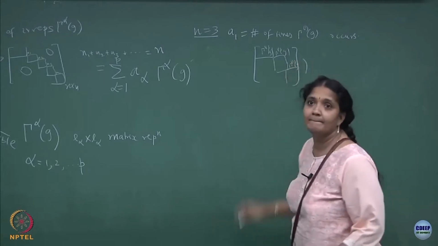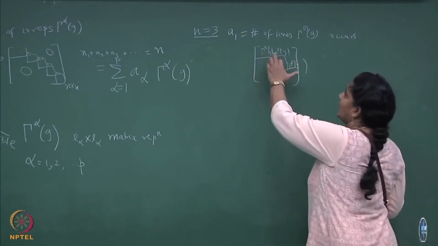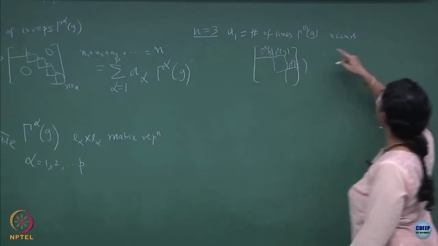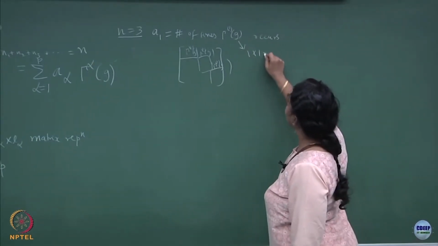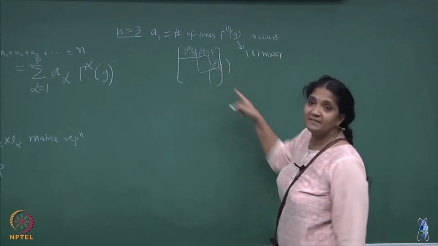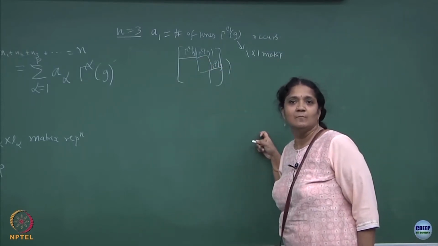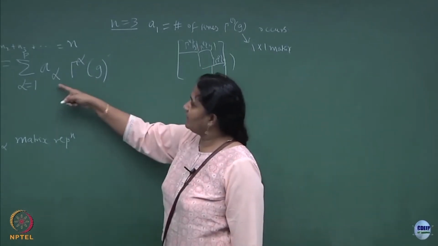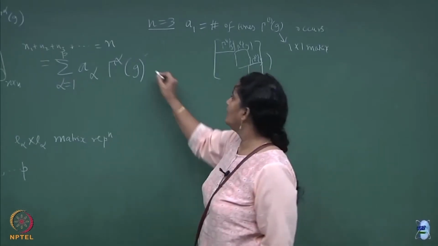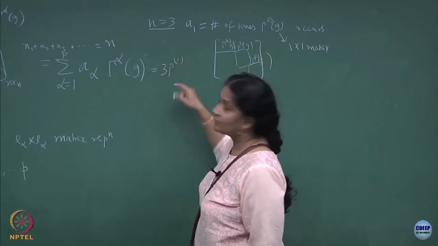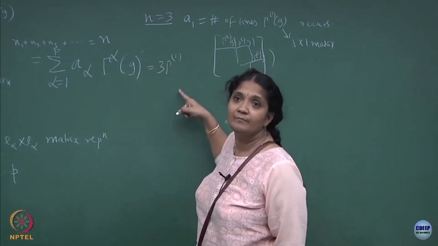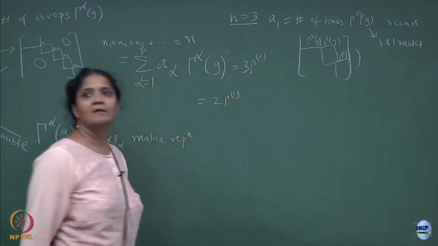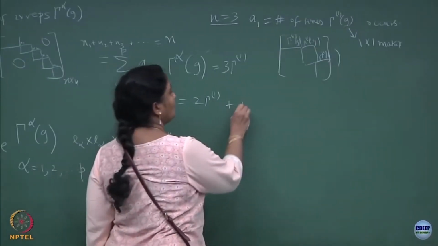Are you all fine? Suppose these are 1 cross 1 matrices, then the dimensions add up to 3. This is one way in which you can write this, as A1 times gamma 1 alone, 3 times gamma 1 is one possibility for this example. You could also have 2 times gamma 1 plus some other gamma 2.